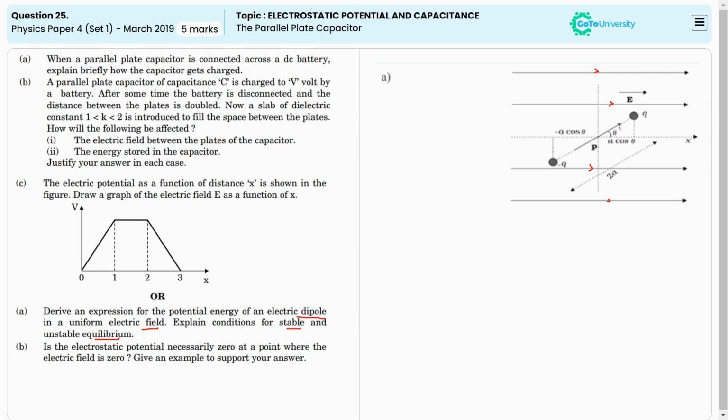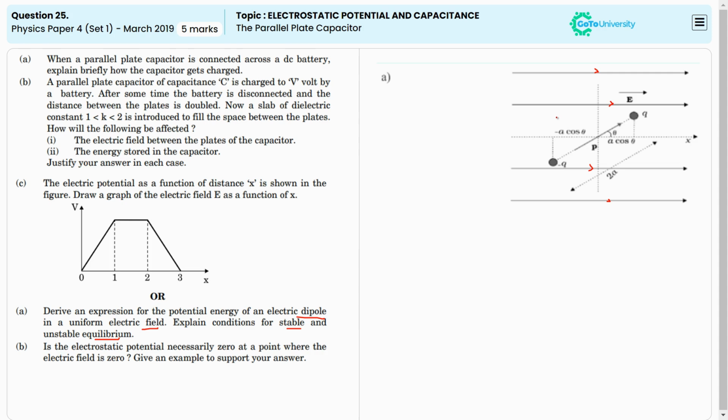And if I rotate this in this direction, then we get a cos theta, and here it is minus a cos theta. In the opposite direction, if I rotate, the value I get is like this.